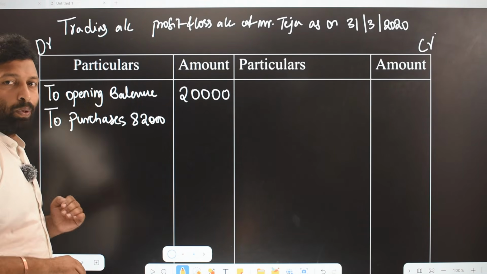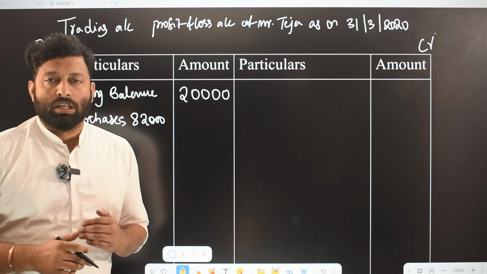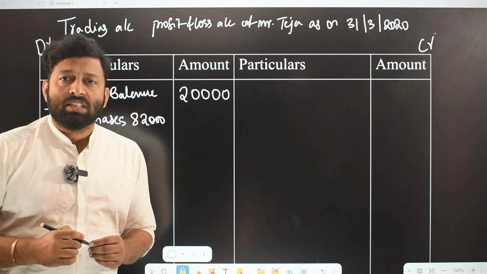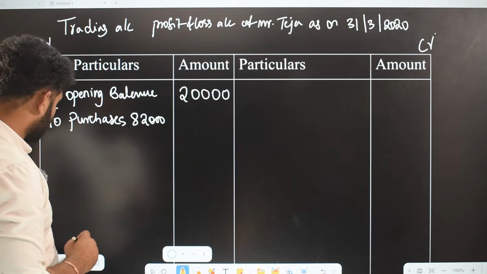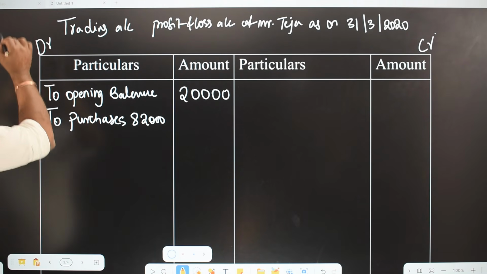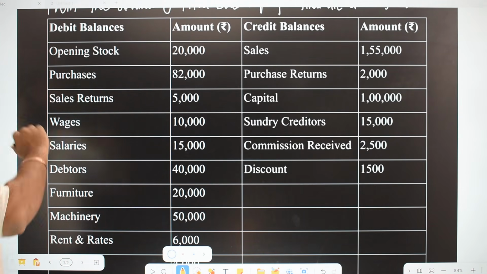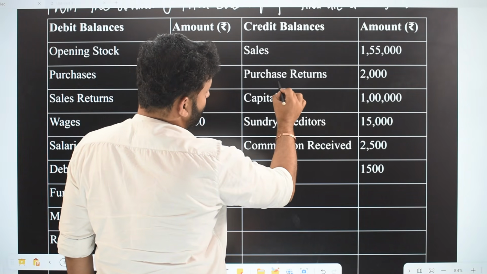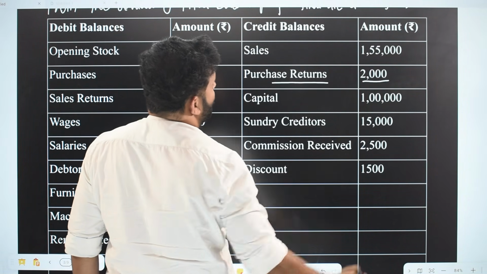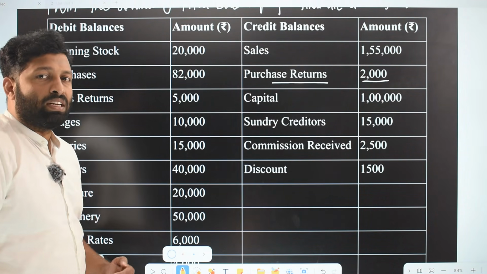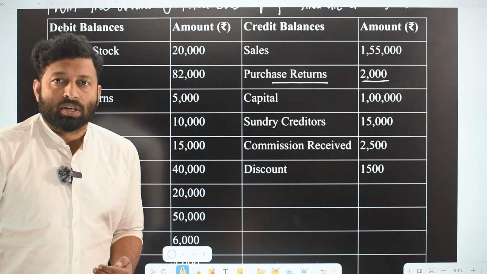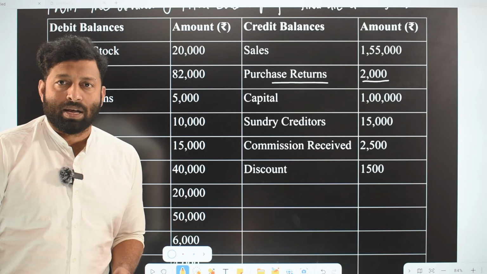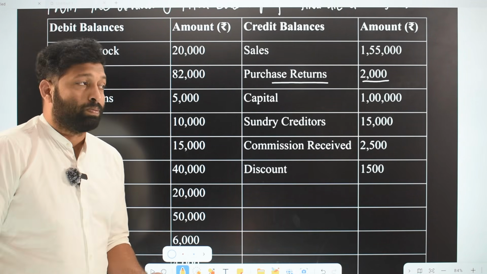What is the check point? Whenever you are posting purchases, check for the purchase returns. Purchase returns anedi ekkada untundi? Purchase returns anedi ichina trial balance lo. Purchase returns is on the credit side of the given trial balance. Sometimes it is just called returns. Just returns on the credit side of trial balance is nothing but purchase returns.